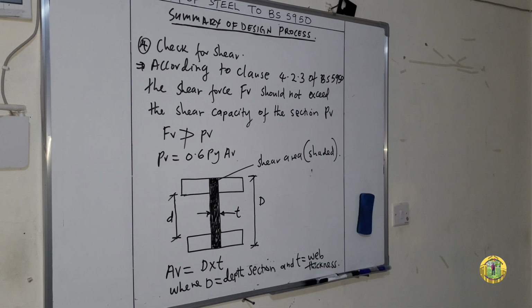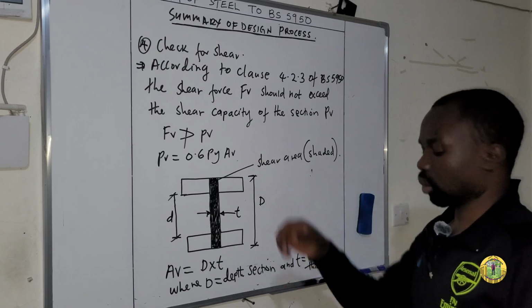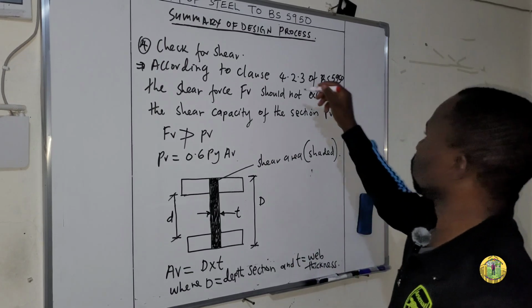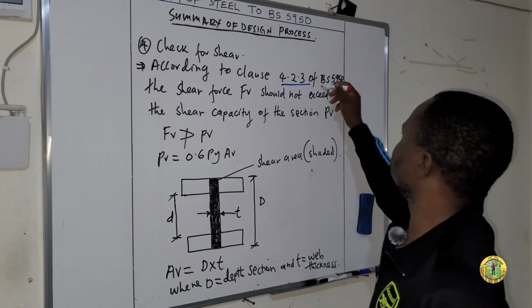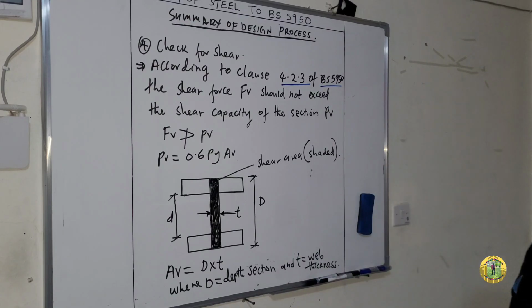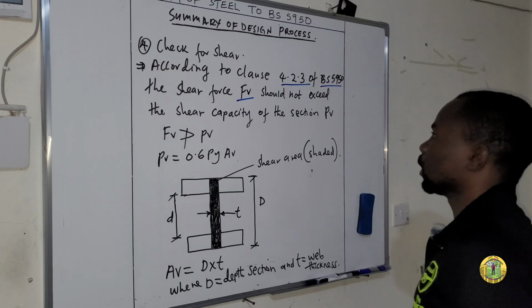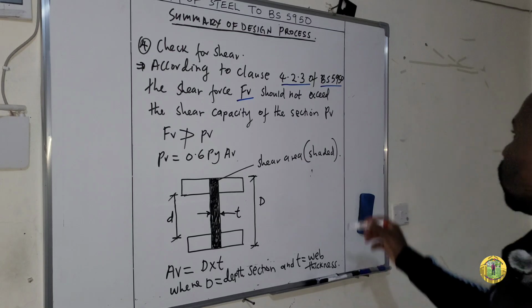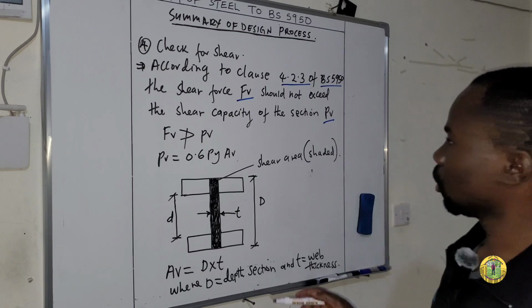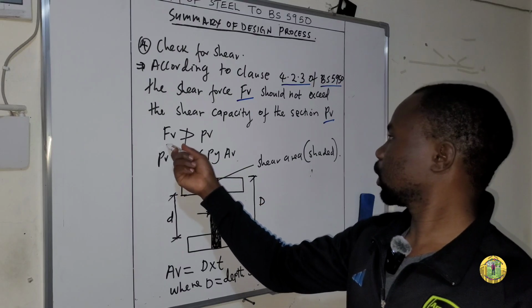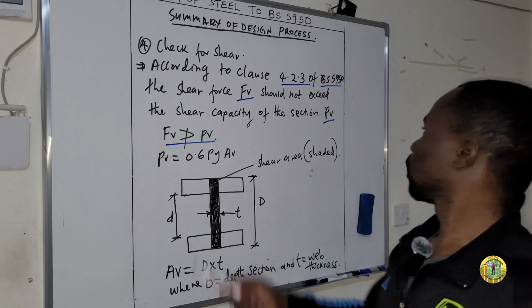So let's now talk about number 4, which is check for shear. According to clause 4.2.3 of BS 5950, the shear force, which is FV, should not exceed the shear capacity of the section, PV.